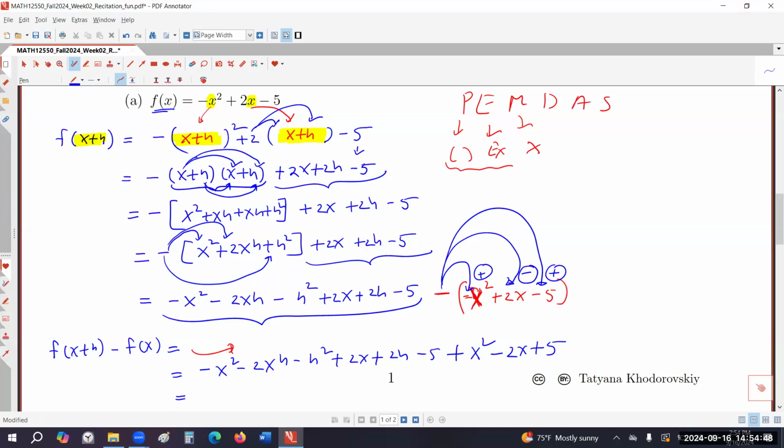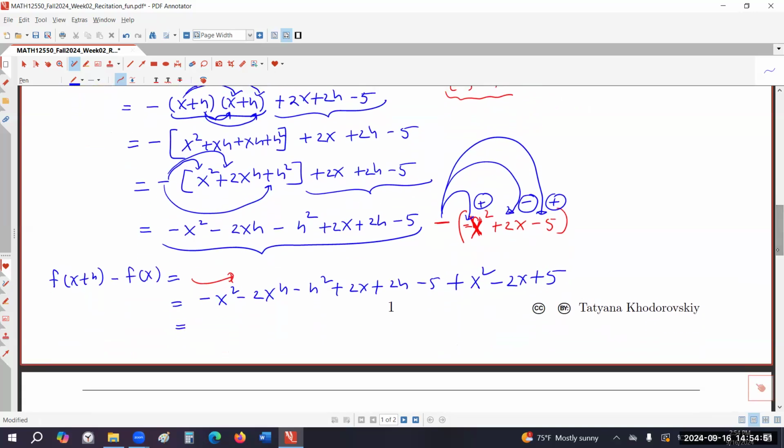Do you see any like terms to combine? What can you do here? Negative x squared and x squared cancel out. Anything else? 2x and negative 2x. 5 and negative 5. So what is left then? Negative h squared minus 2xh plus 3h plus 2h over h.